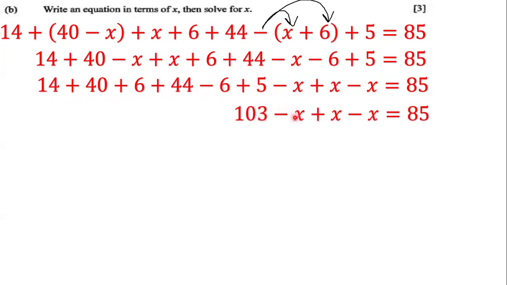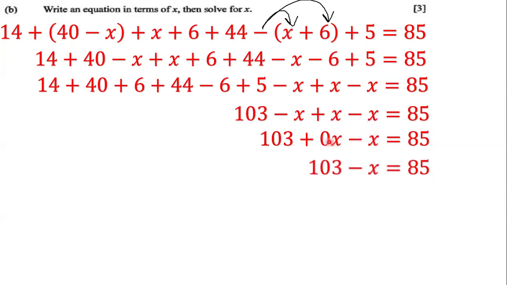And then we have -X plus X minus X is equal to 85. Now -X plus X is equal to 0X, and we just bring down the -X. 0 times X is just 0, so we don't have to write this term. And so what we have here is 103 minus X is equal to 85.